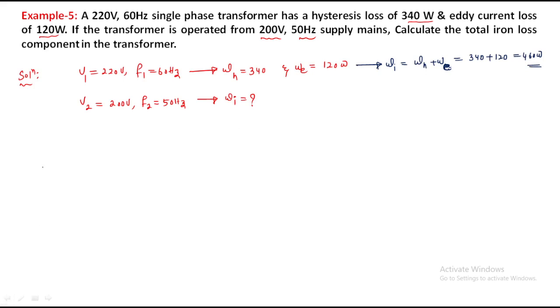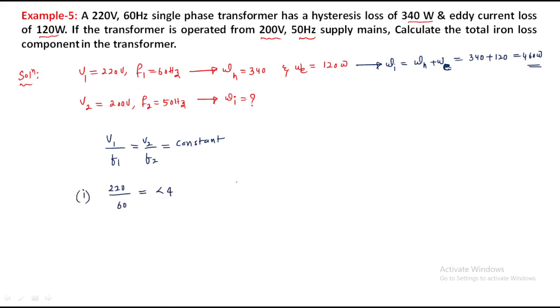So first we have to cross check V1 by F1, which is equal to V2 by F2, which is equal to constant. Therefore, what is V1 by F1? 220 by 60, which is equal to what? Which is less than 4, right?